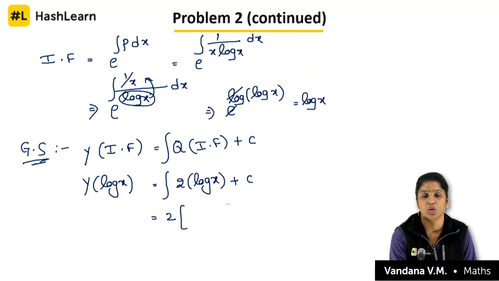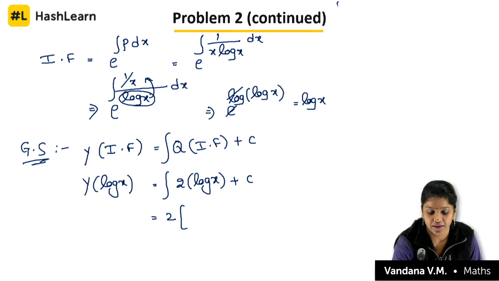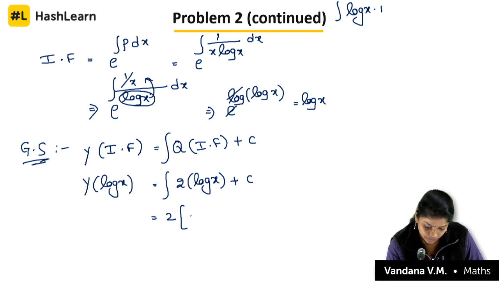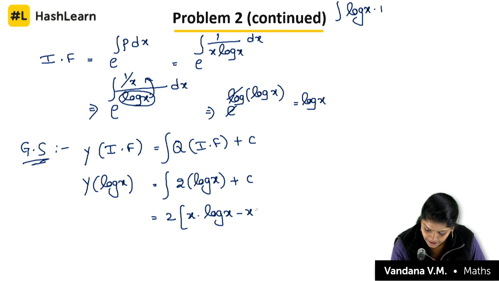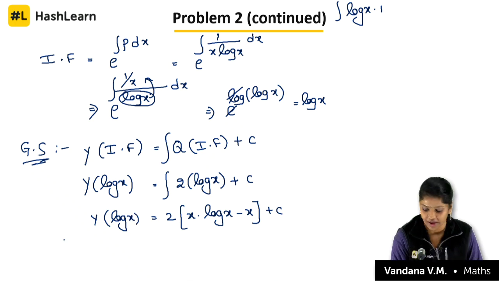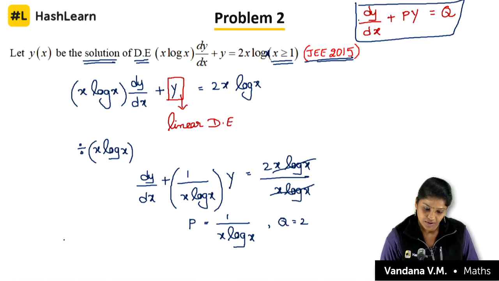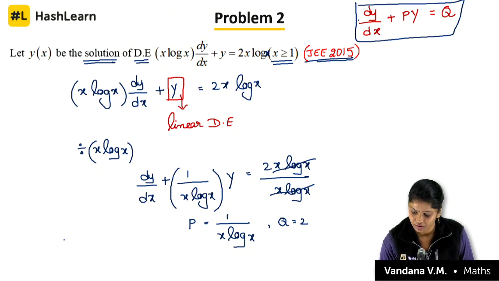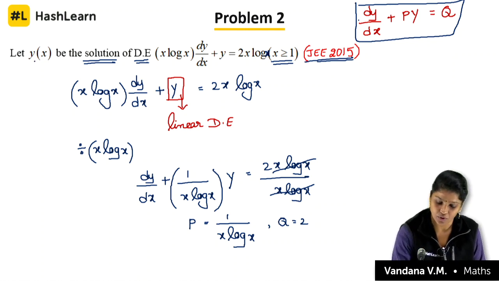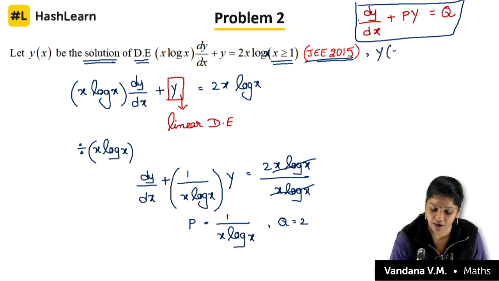For integration, I told you, if you do not know the formula, use by parts: we make this log x into 1 and use the by parts method, then you will get the answer. Now the integration is x log x minus x plus c, but there is hidden information they gave. That is the reason they are asking you to find y of e. Here is the typing error, I am sorry, they are telling you to find y of e, children.